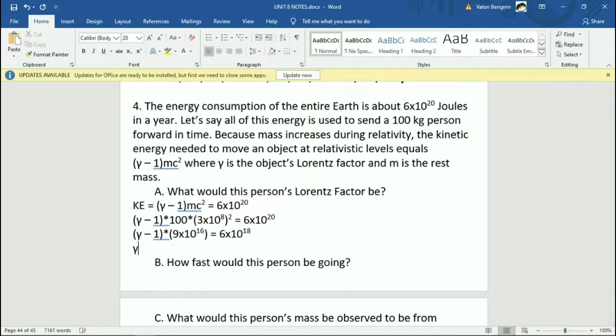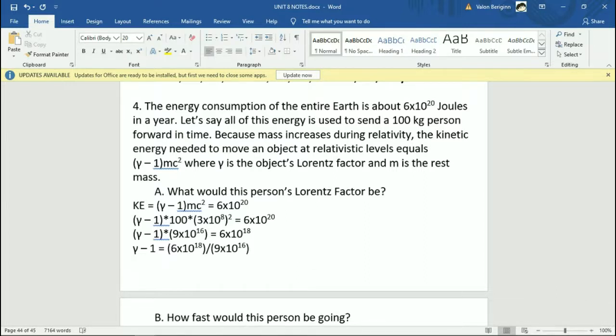So, gamma minus 1, nope, I forgot the... equals, actually I don't need the gamma if I'm dividing this over. I don't need the parentheses. Okay, so I'd have 6 times 10 to the 18 divided by 9 times 10 to the 16, which would actually, wouldn't it just be like 66.6 repeating?